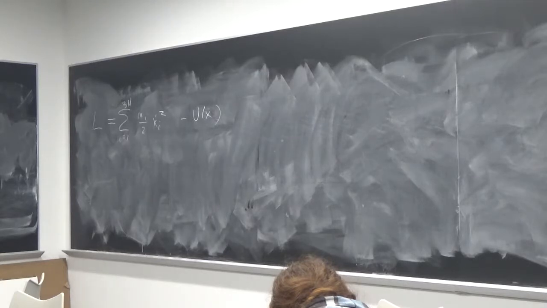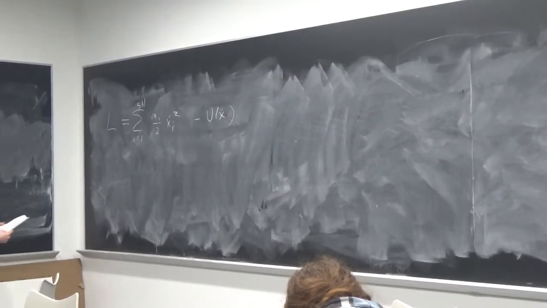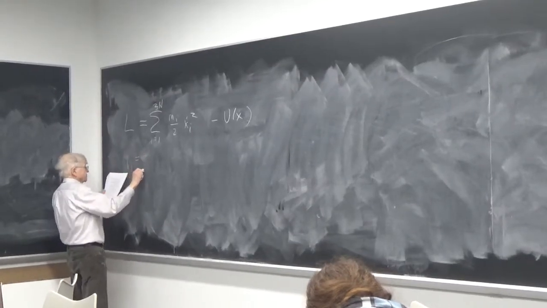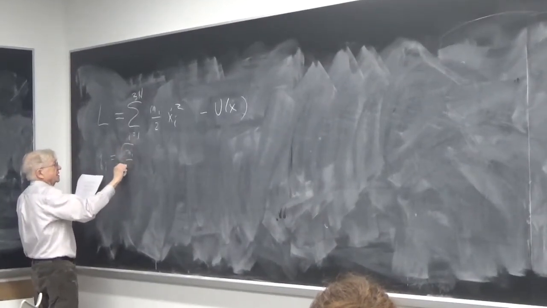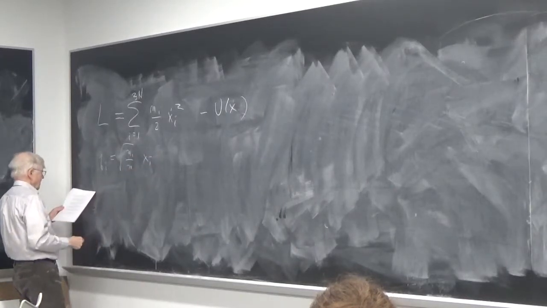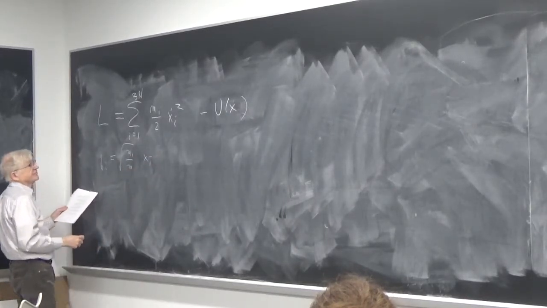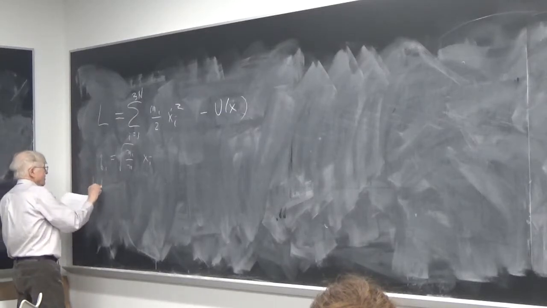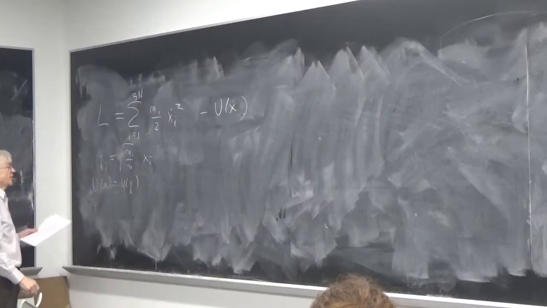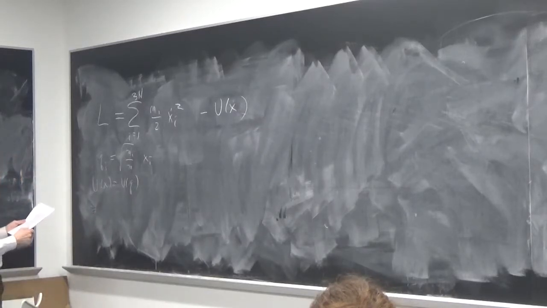And now you can make some transformations of variables here. You let q_i equal the square root of m_i over m times x_i, and you let U of x equal V of q.